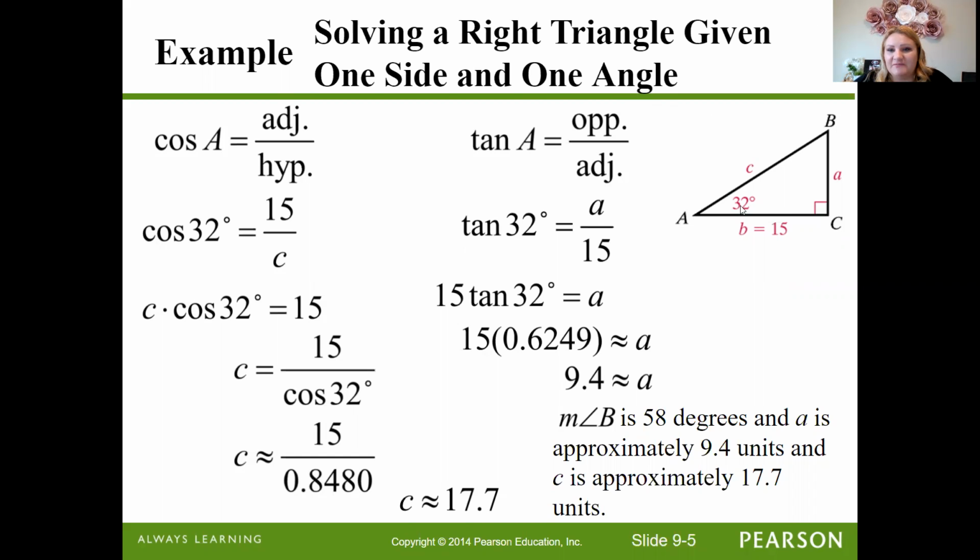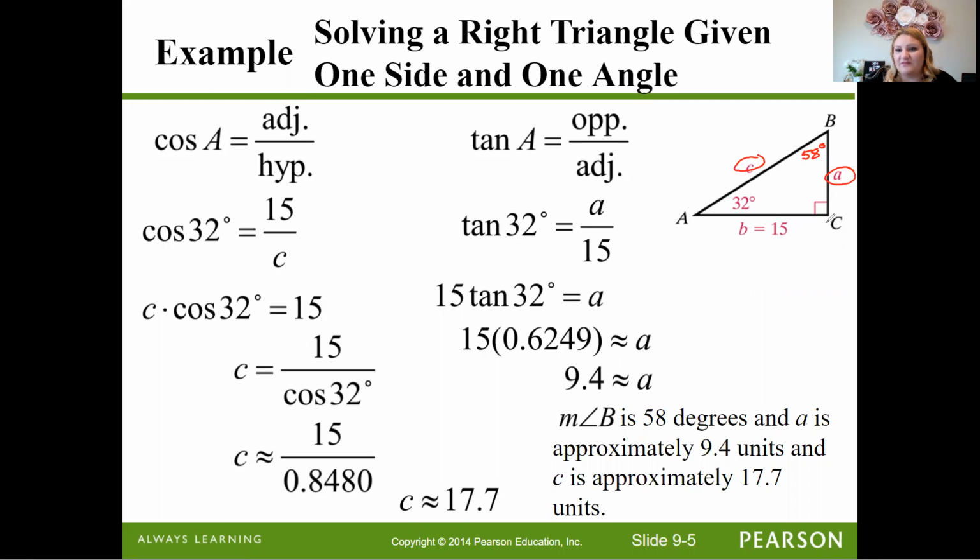So if you look here, we want to figure out, okay, what are we missing? We are missing C and we're missing A. And if you can remember, this was 58 degrees.